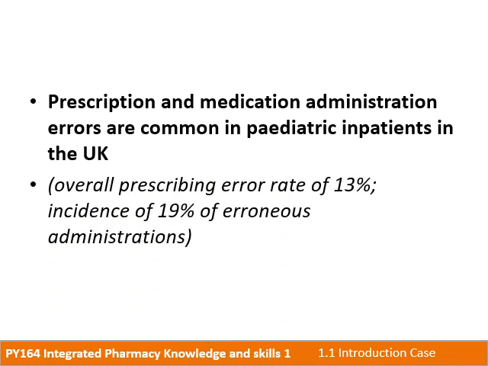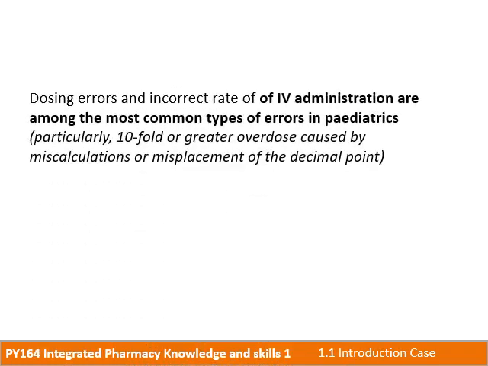and we think that there are something around 20% of drugs given wrongly, erroneous administrations, that lead to significant sources of problem. Some of the most common types are dosing errors and incorrect rate of intravenous administration.